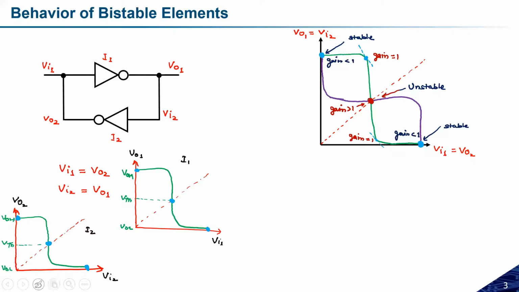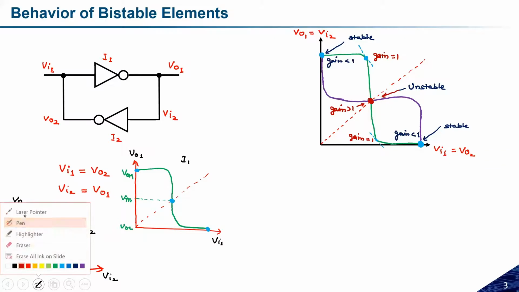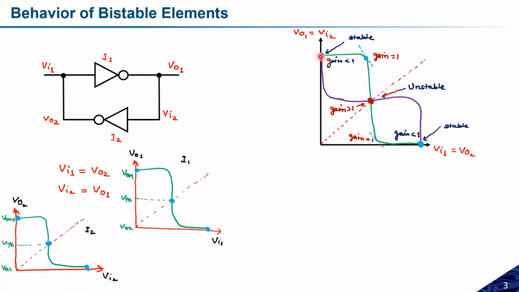One more important thing before I move ahead, let me explain. If you see at this node, let us assume this green characteristic is for inverter number 1, and the second characteristic is for inverter number 2. If this point is the stable one, it is because we have two stable points at logic high and at logic low.